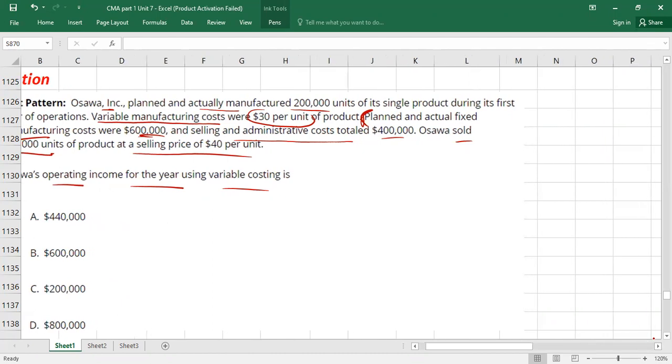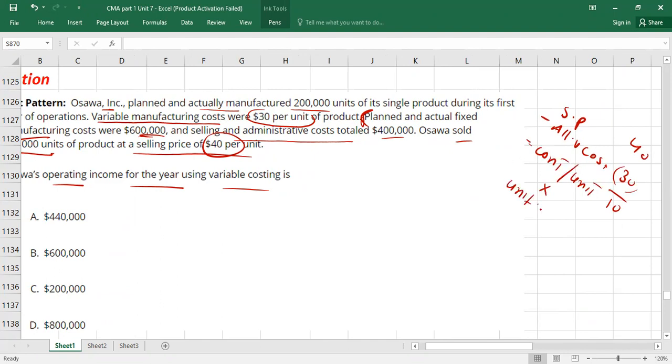I will start from the contribution directly. First calculate contribution per unit. Contribution per unit, how will you get it? Sale price minus all variable cost. Sale price is given as $40 and variable cost is given as 30. So contribution per unit is 10. So this I will multiply with the number of units sold.